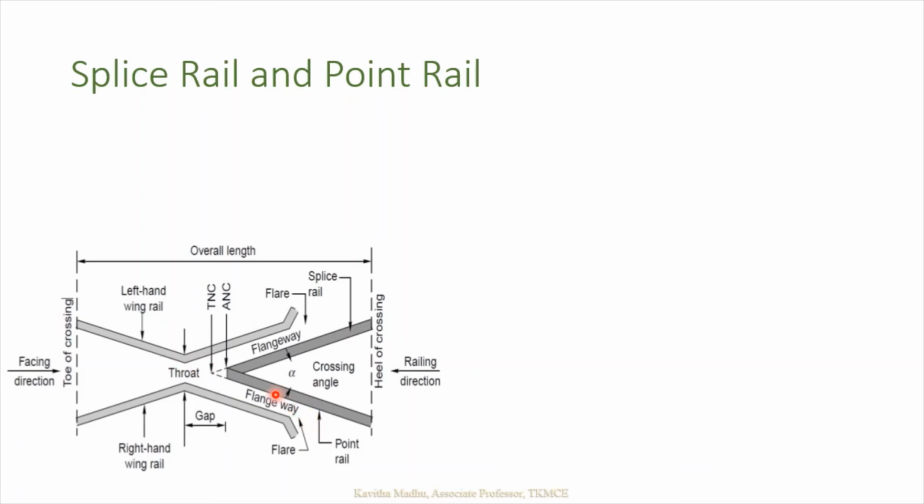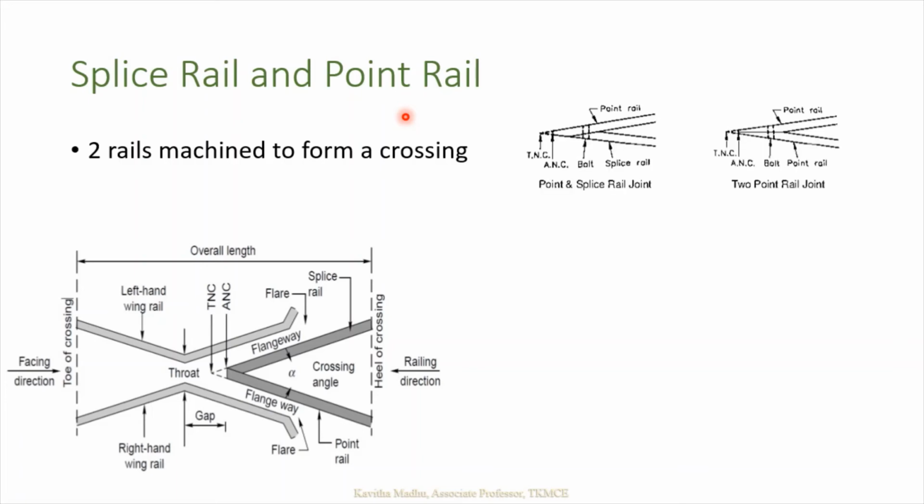They are known as the wing rail. So these two are the wing rails, and the rail sections joined together to form the nose of the crossing are known as the splice rail or the point rail. So what's the difference between them? The two rail sections can be joined together or machined together to form a crossing, and there are two ways of joining. In one, the splice rail is attached to the point rail. The point rail is the one which forms a pointed end at the nose.